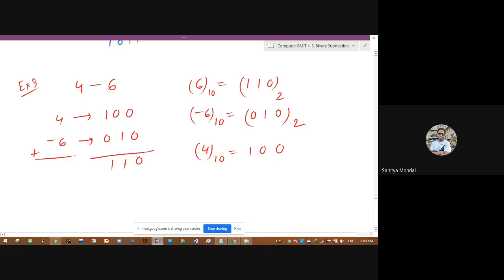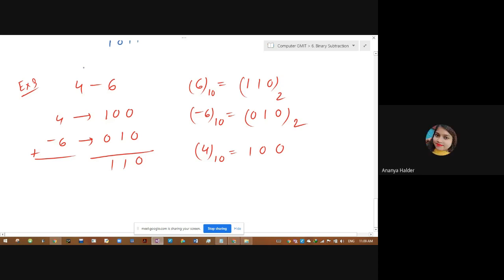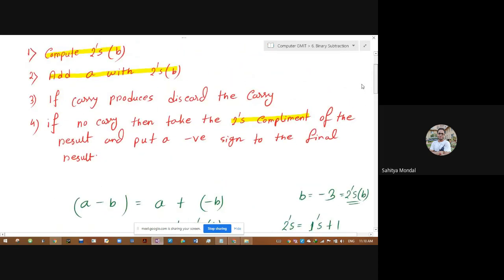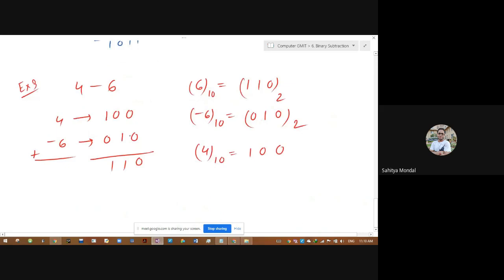Is there any carry occurred? Yes or no? No sir, no carry. So go to rule number 4. If no carry, then take the 2's complement of the result and put the negative sign. What is the result? 0 1 0 is our result.